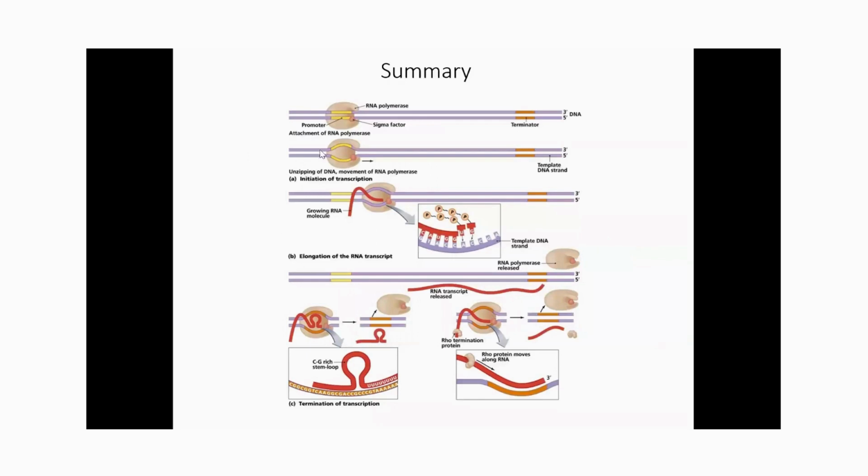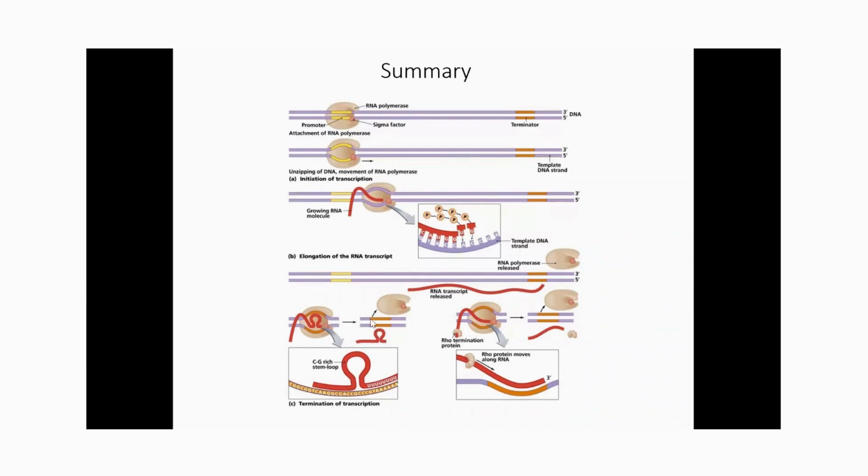In this way, rho dependent termination takes place. The rho dependent termination process requires ATP, because rho protein is an ATP hydrolyzing protein. It hydrolyzes ATP into ADP and takes the energy to stop the transcription.